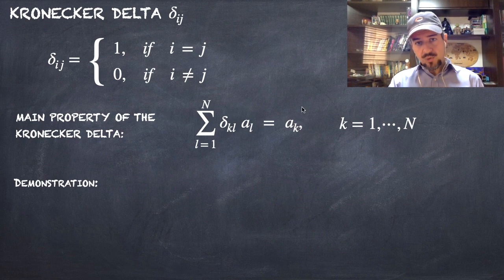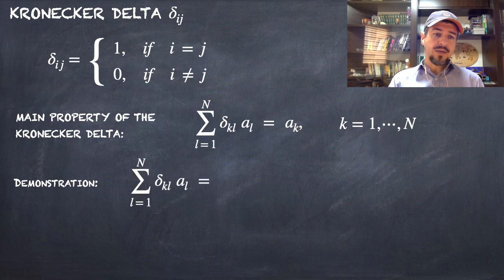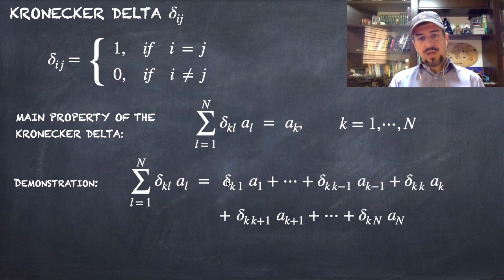We discussed this idea in words, so let me demonstrate it. The summation of delta_kl A_l is equal to delta_k1 A_1 plus delta_k2 A_2 plus ... delta_kk A_k. The term before this one is going to be delta_k,k-1 A_k-1.